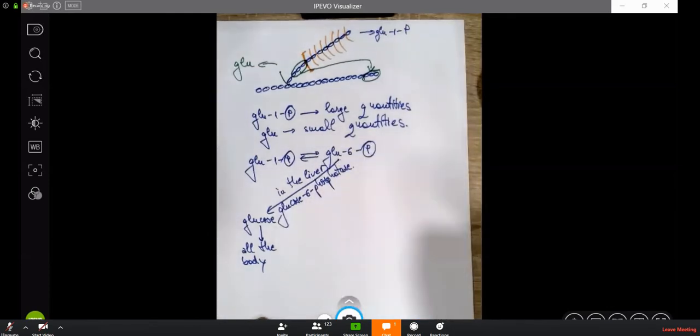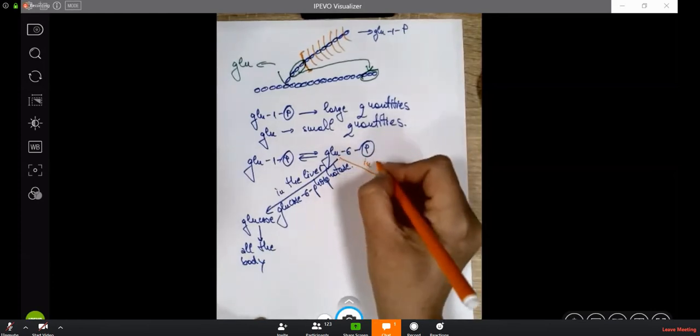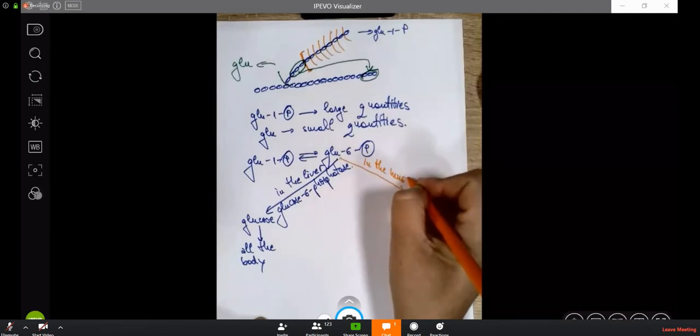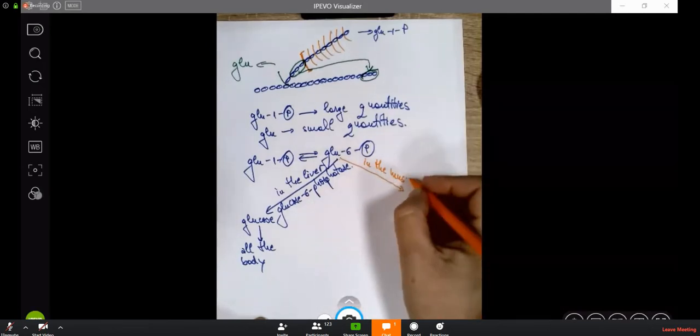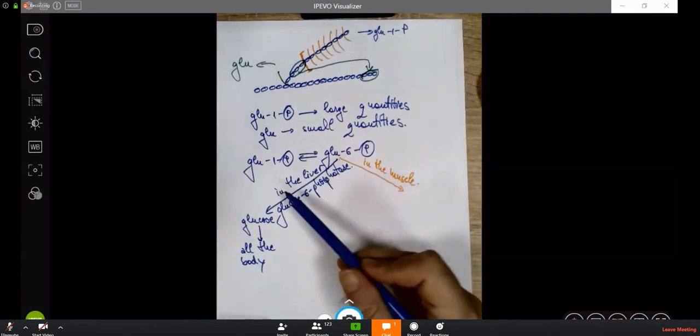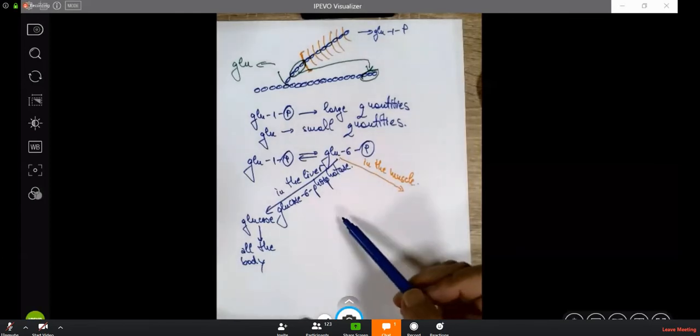In the muscle, I have no glucose 6-phosphatase, because glucose 6-phosphatase is found only in the liver and in the kidney. Yes, the places for gluconeogenesis.